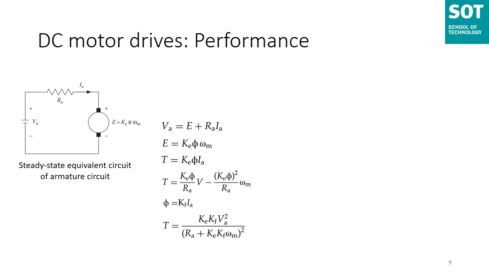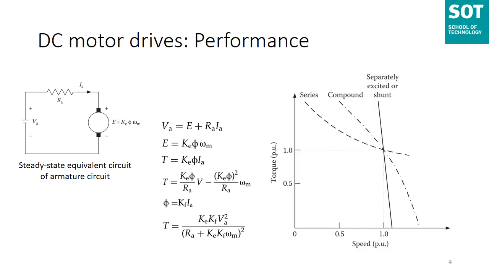Ra, which is in the denominator expression, the armature circuit resistance, will now be the sum of armature and field winding resistance. Hence, we get the torque speed characteristics for different types of motors like this.